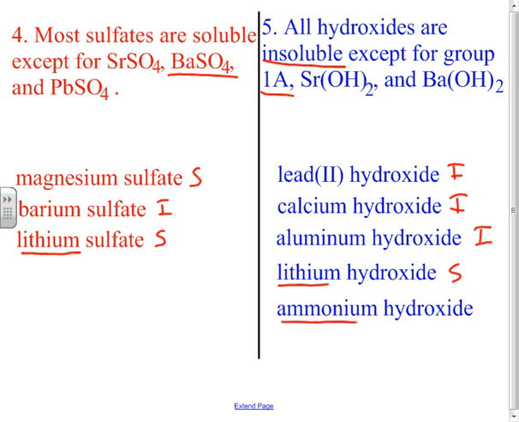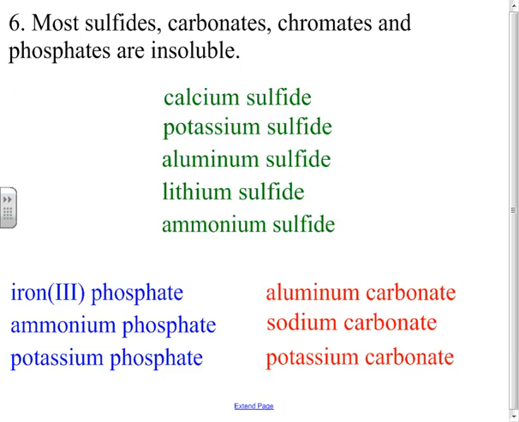And ammonium hydroxide is going to be soluble because, again, Rule 2 says ammonium salts are soluble, and that will include the hydroxides. Calcium hydroxide is sometimes considered slightly soluble, so it's borderline, but we will consider it insoluble.